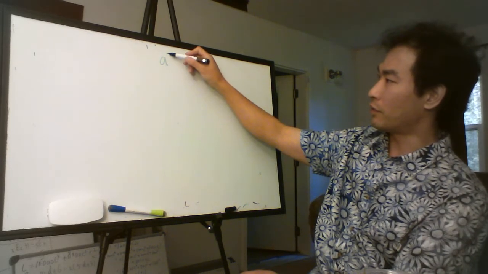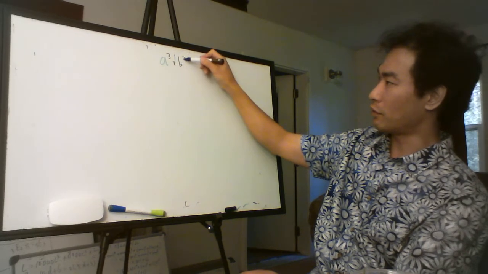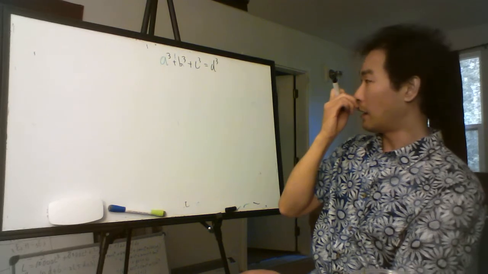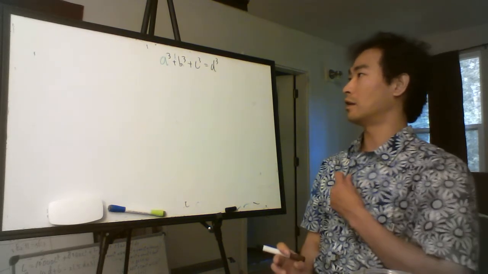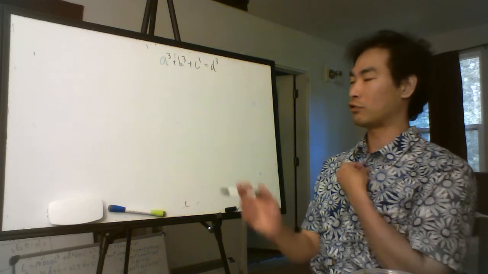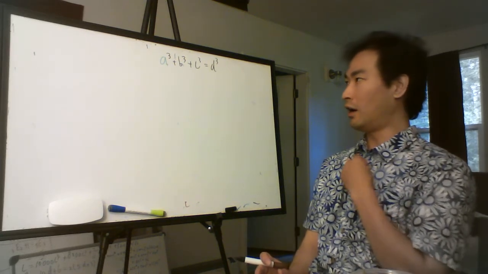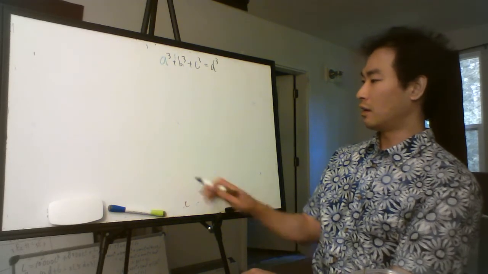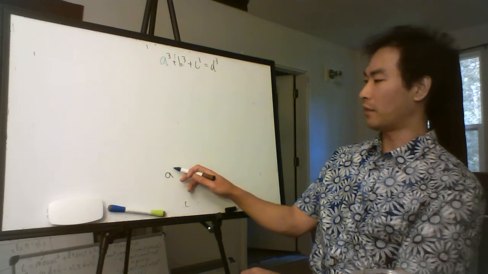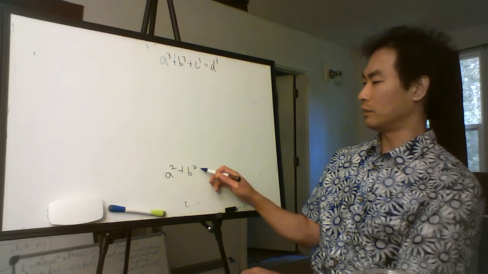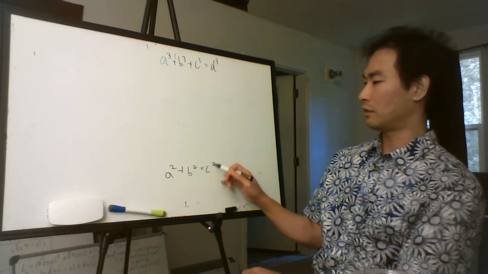A to the third plus B to the third plus C to the third is equal to D to the third. This is Fermat's cubic, something like that. We want to design some Diophantine equation, some parameterization that resembles Euclid's formula, right?